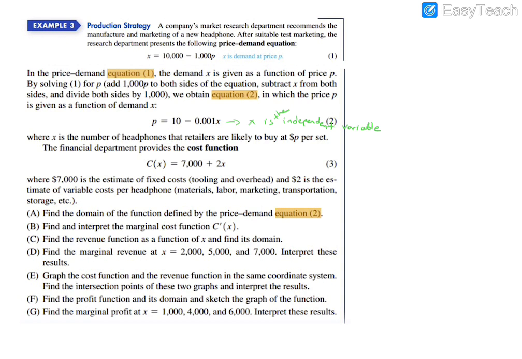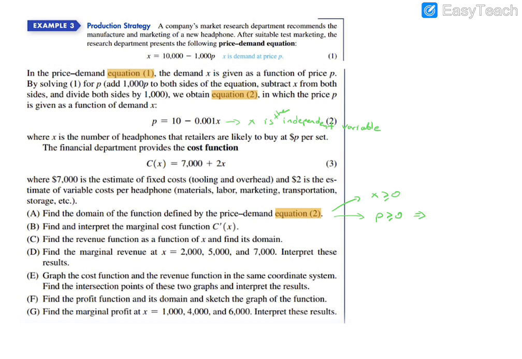So x represents the demand, the number of phones. So x cannot be negative. First we know x is bigger than 0, maybe it can be equal to 0, there is no problem. Secondly, we know price has to be bigger than 0, otherwise nobody is willing to sell some product.